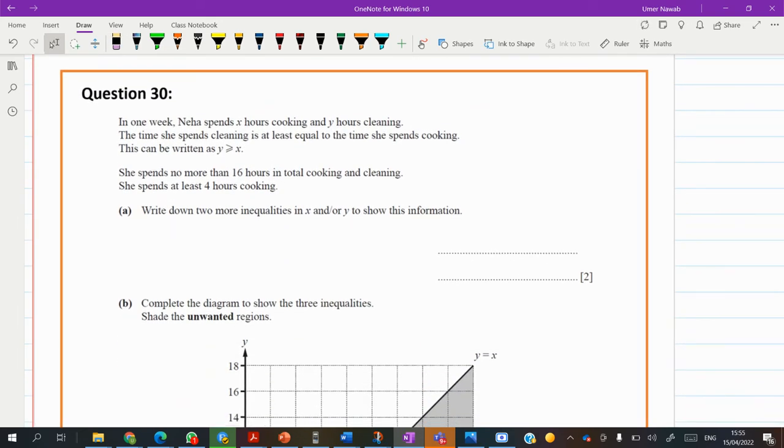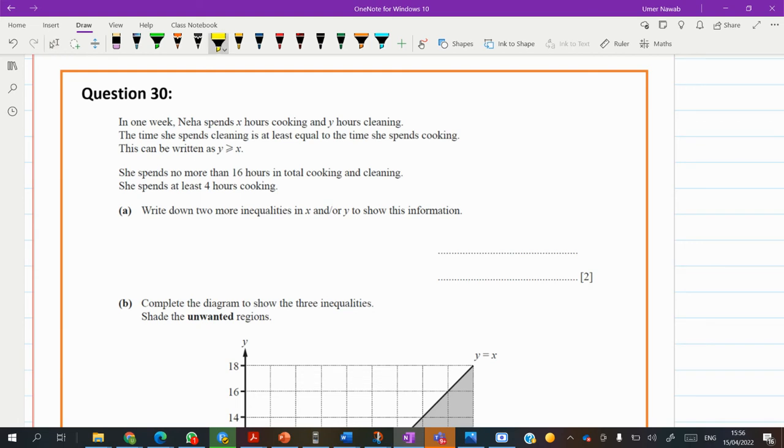Next, a linear programming question. So the next question is based on linear programming, in which he provides you a word problem, and you read the word problem and model the inequalities out of it.